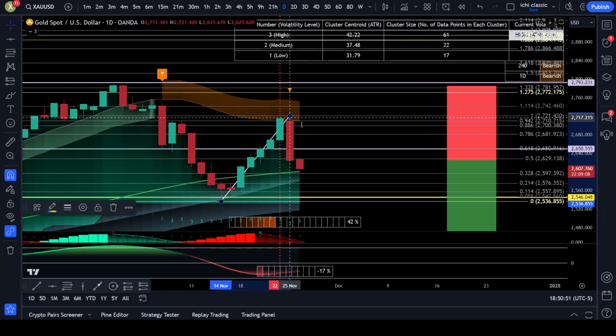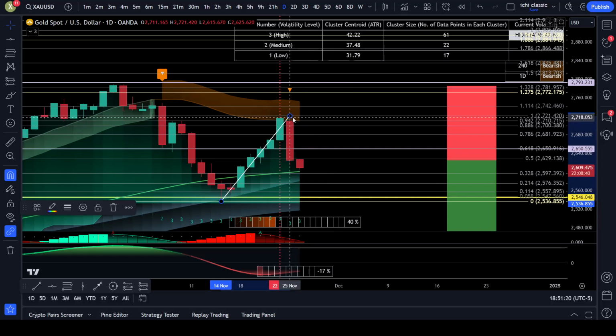However, I can look at this level here, which is 2,550. So for me, this would be the ideal level to buy. Of course, I cannot predict anything, but this is the breaking point because it's 0.058 or 0.942 fib.